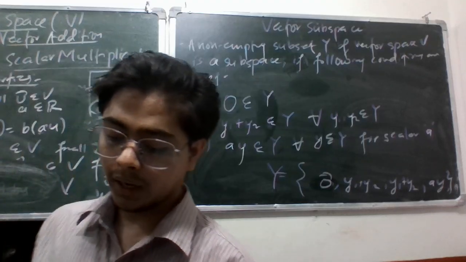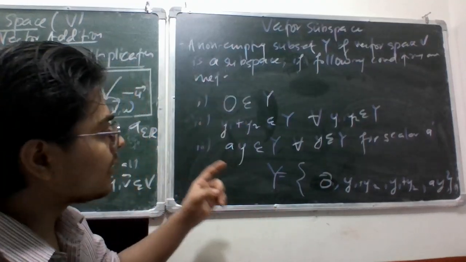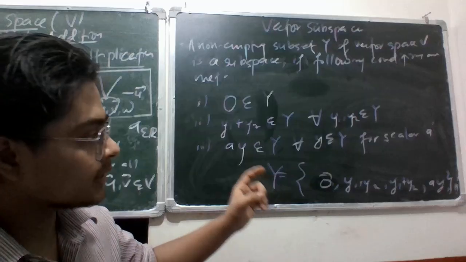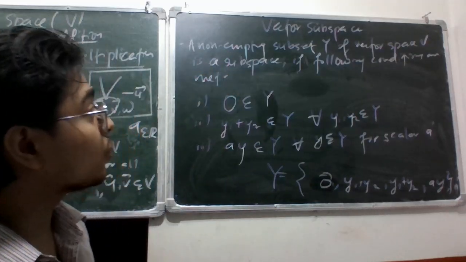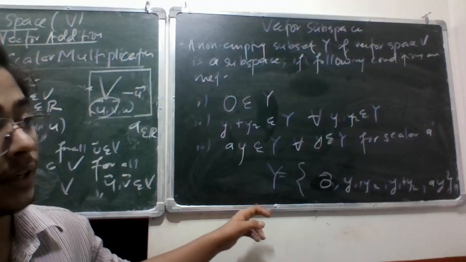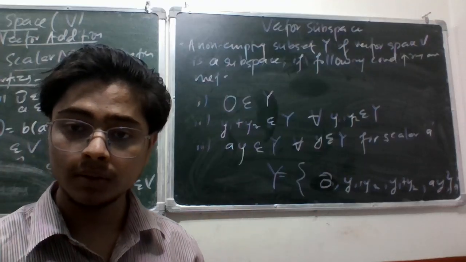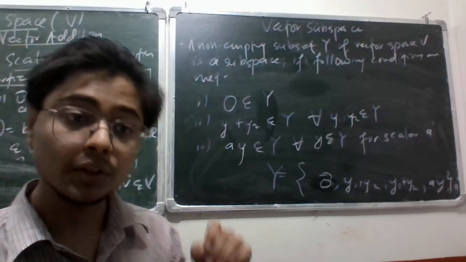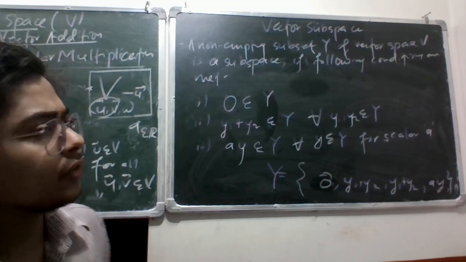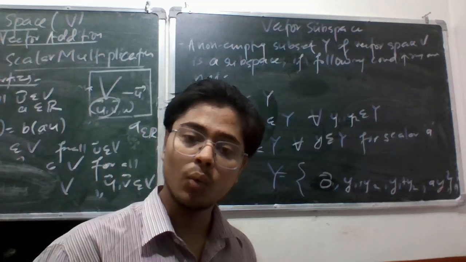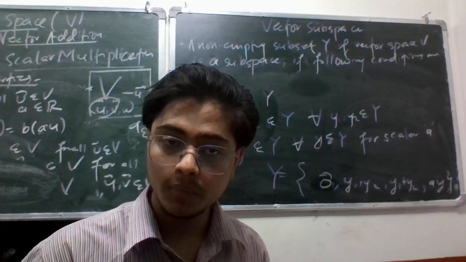Now you may ask, wait, those are the exact same properties that define the vector space. So why aren't we calling this Y a vector space rather than a vector subspace? And another question you can ask is, if we have the same properties, why are we repeating them again?